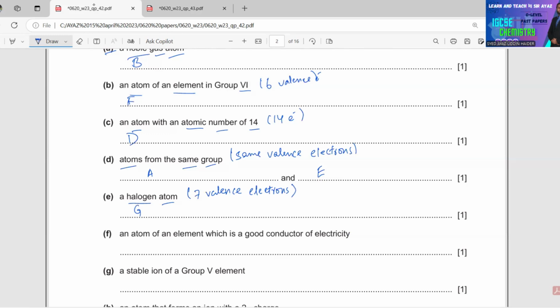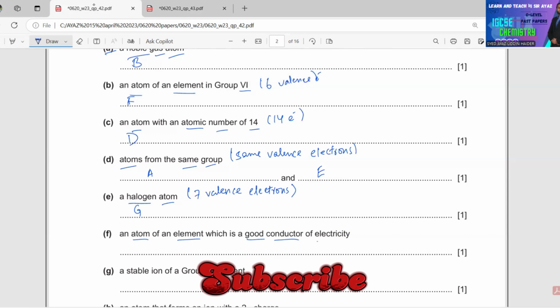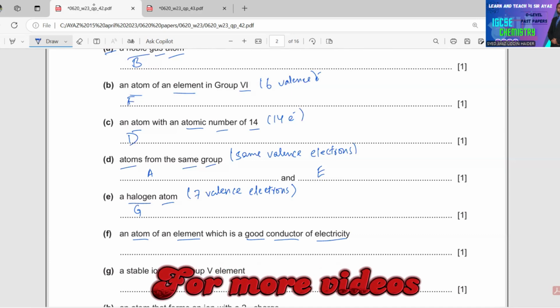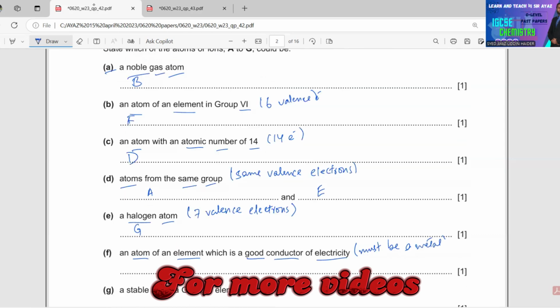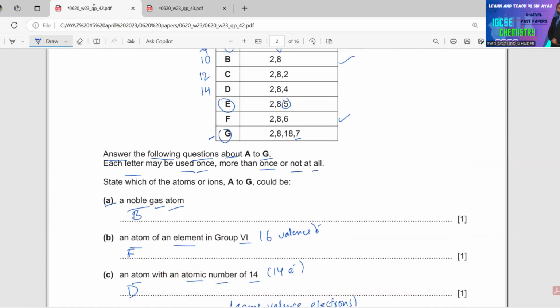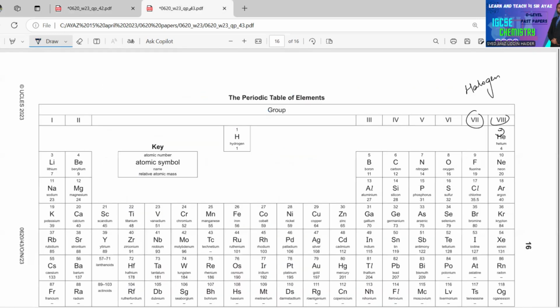F. An atom of an element which is a good conductor of electricity. So it must be a metal. So metals, we have 3 groups, group 1, 2, 3.